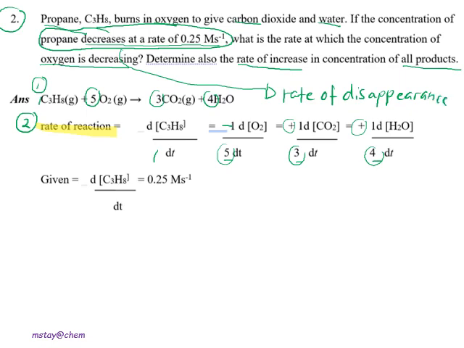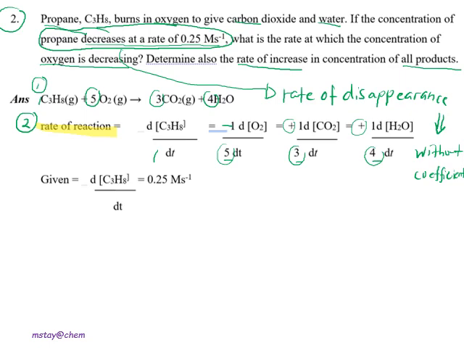When it refers to the rate of disappearance, generally we don't need to include the coefficient, okay? Also, at this condition, the C3H8 is only over 1, so the rate of reaction and the rate of disappearance for propane are both similar.